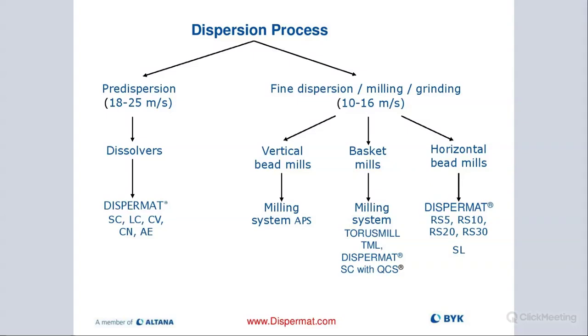The beads are very important to give us the shear that we need to reduce these aggregates down to the primary particle size. There is also a variety of different systems that we offer or you find on the market. In two weeks, we'll look at the vertical bead mills in more detail, like those basket mills, as well as horizontal bead mills that are available for that purpose.